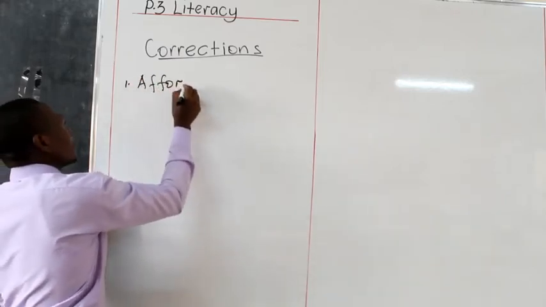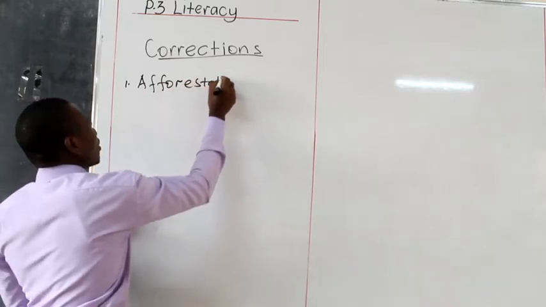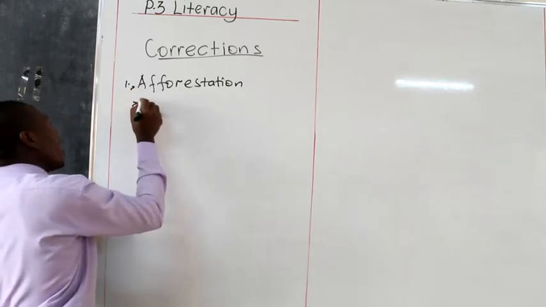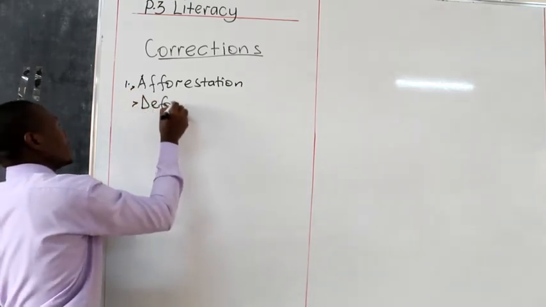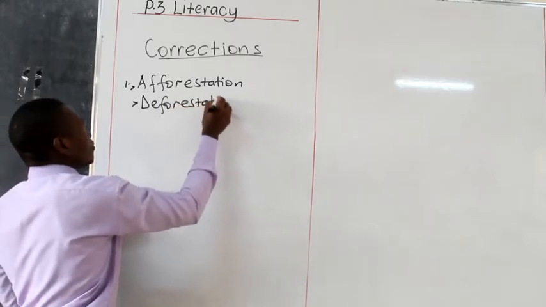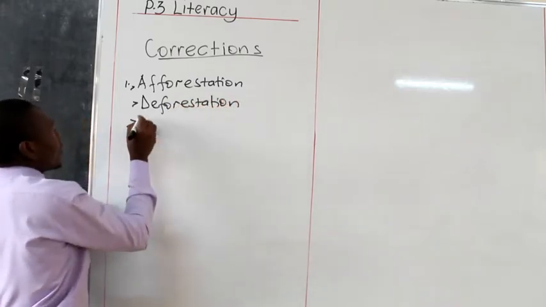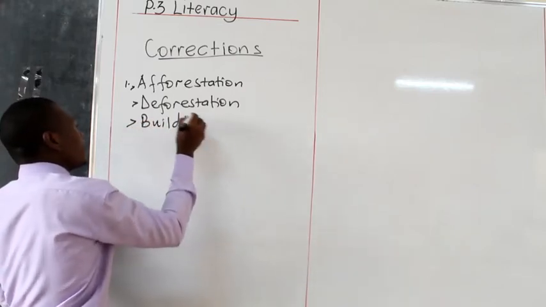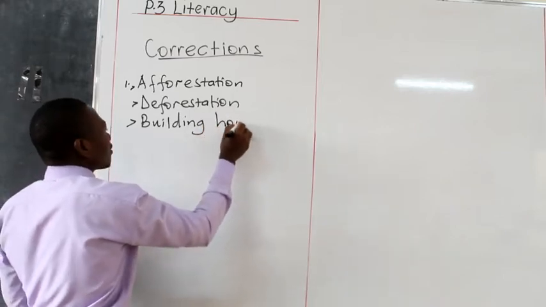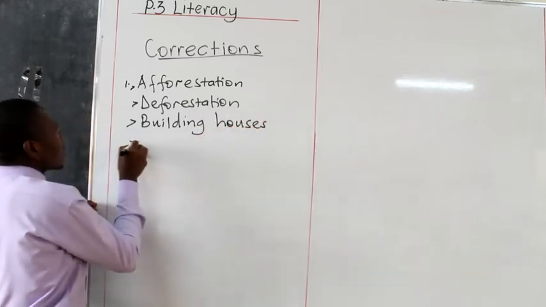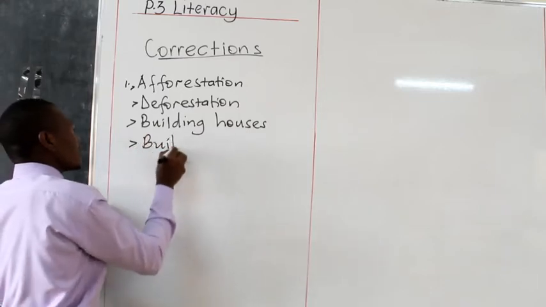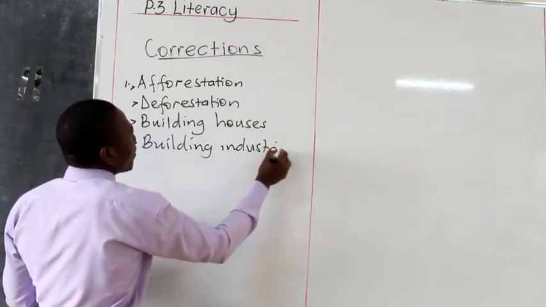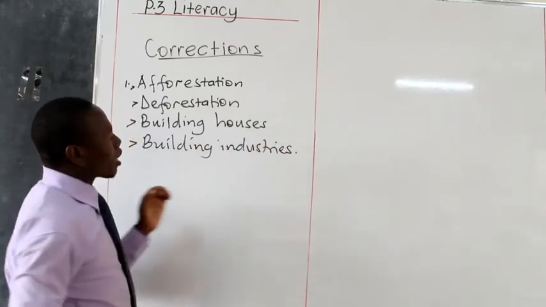One of the changes is afforestation. 2, we have deforestation. 3, we say building houses. Talk about building industries. And there are very many others as you can look through our work or our notes.